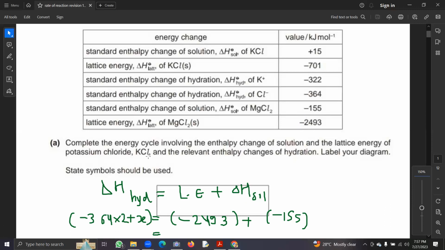Understood. Okay. So lattice energy is always exothermic. It's minus.